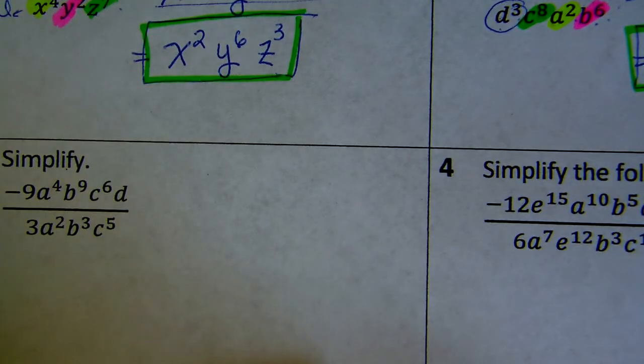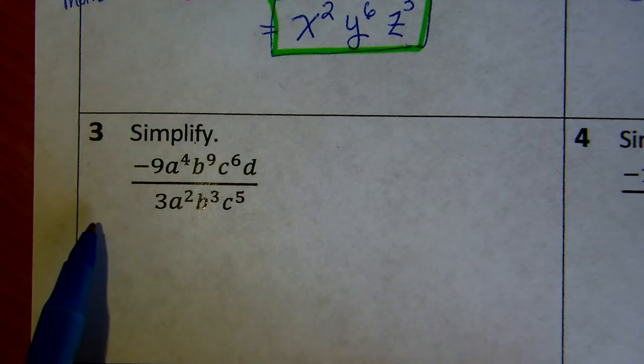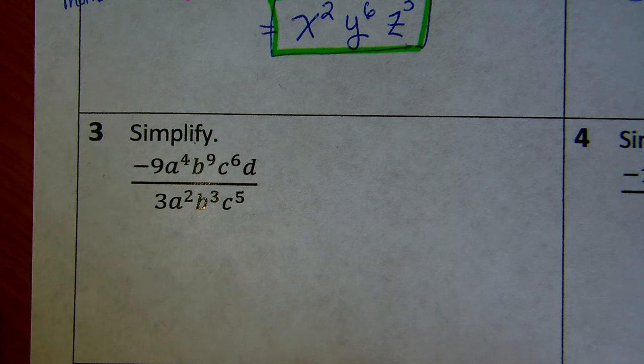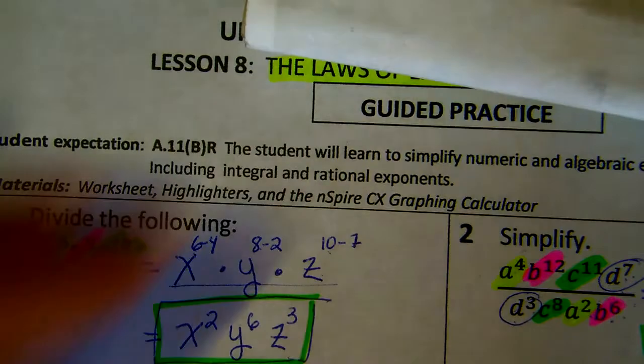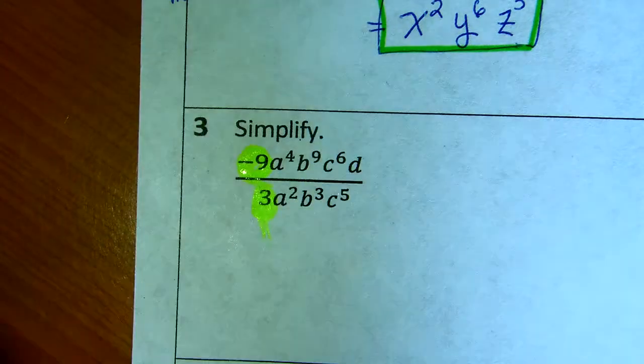All right. Look at this one. It says number 3, simplify. You have this division, okay? And what is the first thing that we see compared to these other two? Now we have coefficients. Remember, these are coefficients.